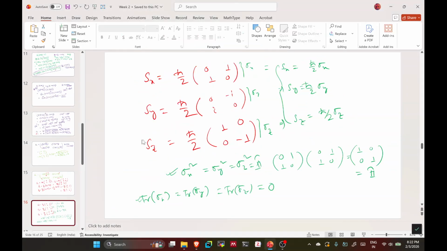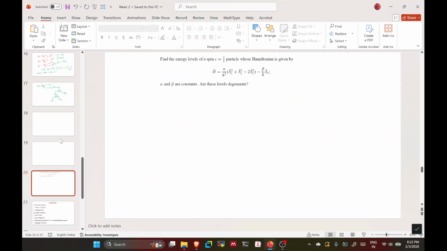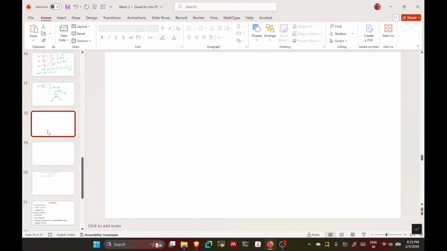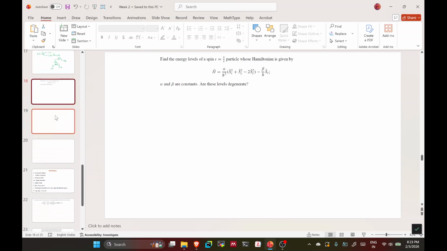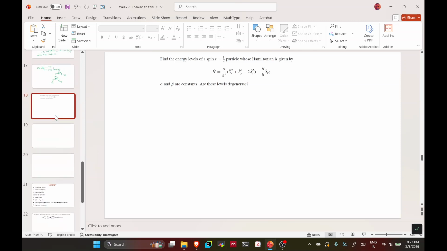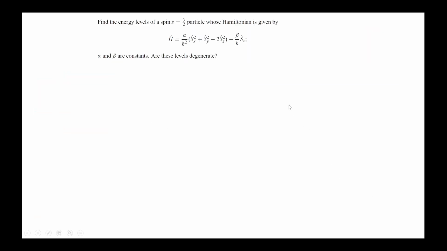Now what we'll do is let's solve this problem, then we'll do the summary and we'll practice some questions. So the question says, find the energy levels of a spin S equal to 3/2 particle whose Hamiltonian is given by this.